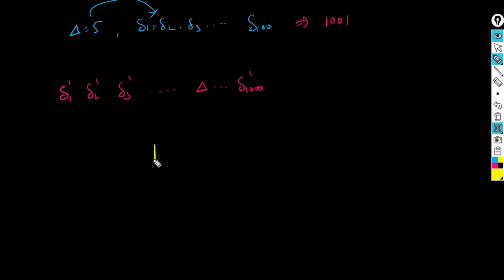Here the p-value is the percentile value that we get between this delta and the delta 1000 value. That means the number of points we are going to get between these two values is actually the percentile value.